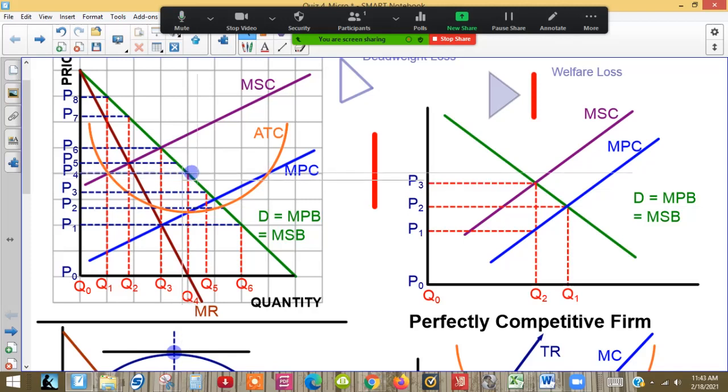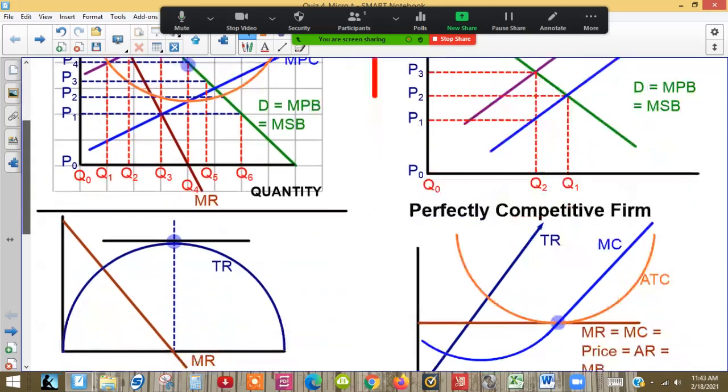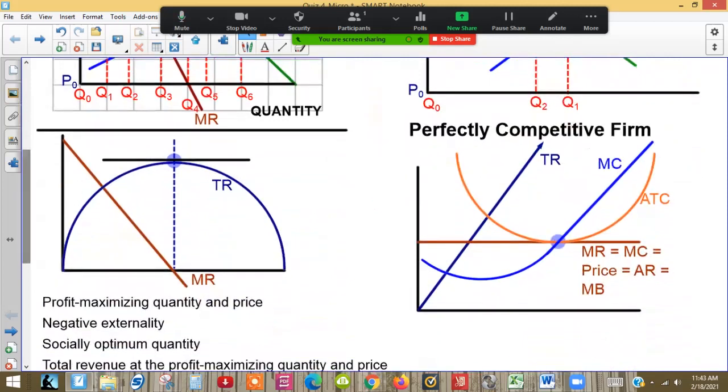And then obviously at any price below P4, from here down, total revenue is decreasing. So the percentage change in price, the denominator, is now bigger than the numerator, the percentage increase in quantity.